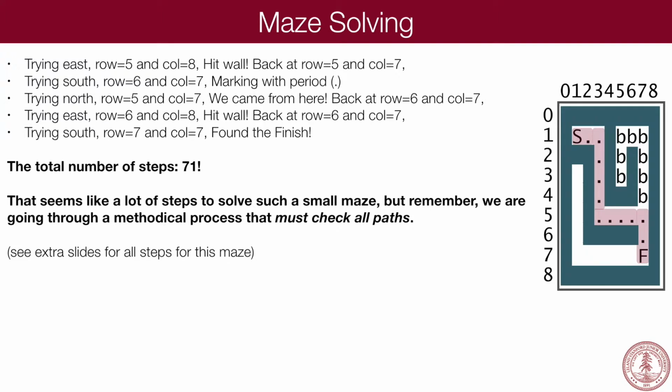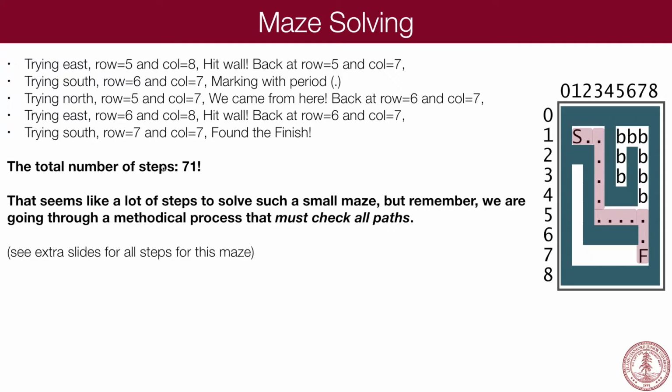Okay, so the total number of steps here, and in fact, I will put this at the end of the presentation here. Total number of steps is 71 steps to go. Basically, let's see, 1, 2, 3, 4, 5, 6, 7, 8, 9, 10, 11, 12 paces, basically, took 71 steps in the actual program.